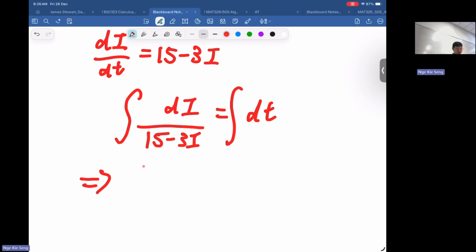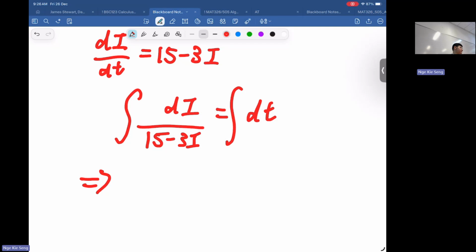On one side we should get ln. But there's a minus 3 there, right? How to integrate this? I think you should use, what is it called? Integration by substitution?